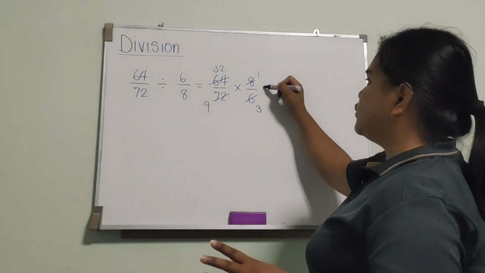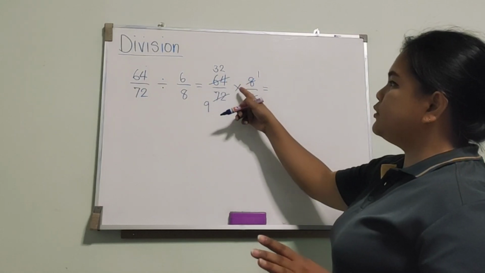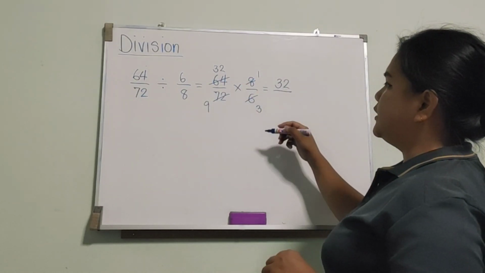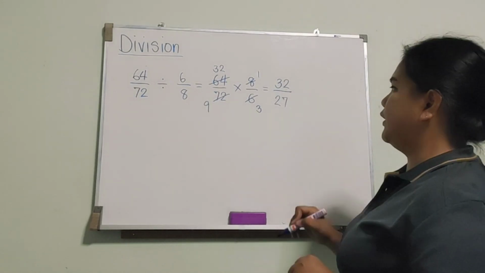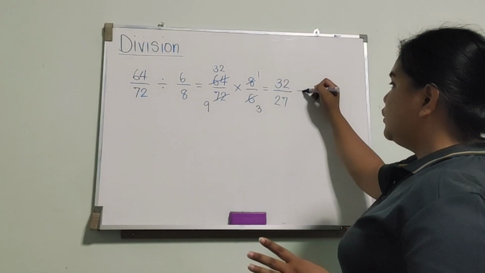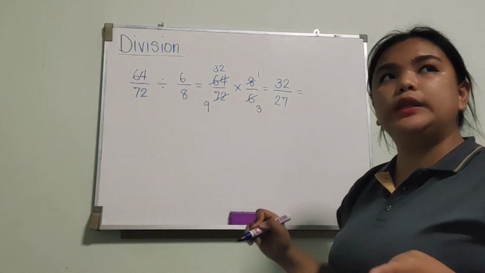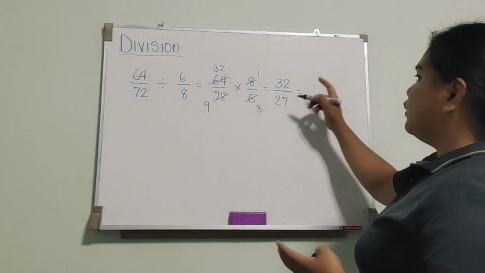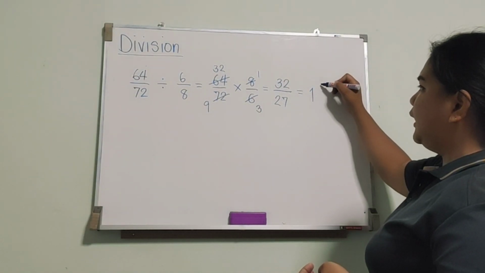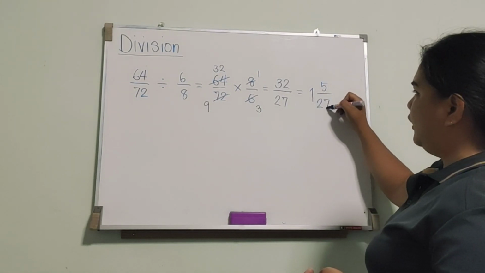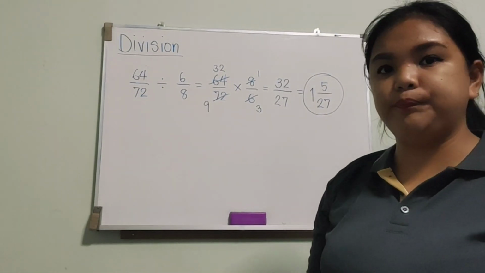No more, so just multiply. 32 times 1, you will get 32, over 9 times 3, you will get 27. 32 is more than 27, so you will need to change it into a mixed fraction. So we will get 1 and 5/27. And that is the answer.